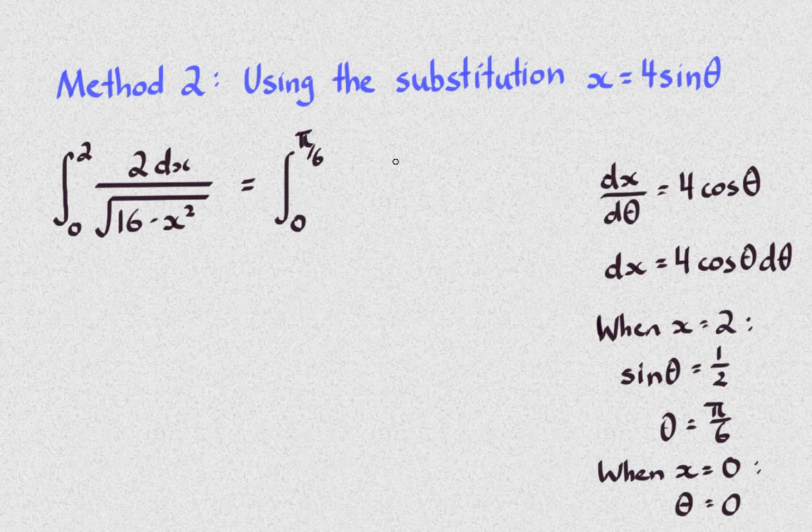The 2 and the 4 combine to give us an 8. And what do we get on our denominator? Because we have 16 minus x squared, but x is 4 sine theta, we need to square 4 sine theta, which is 16 sine squared theta.